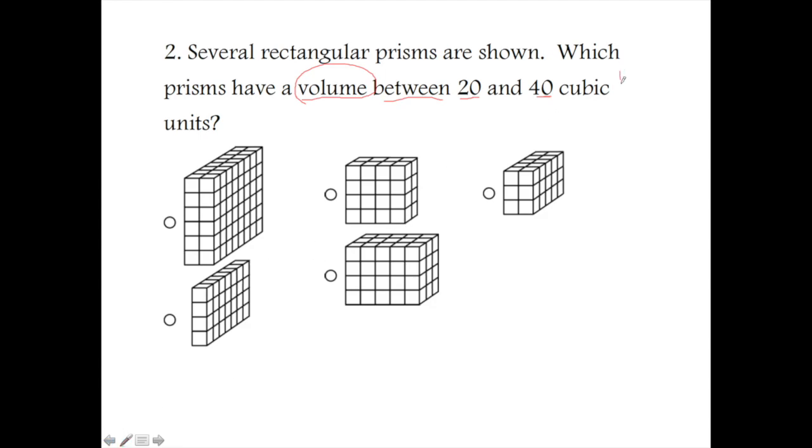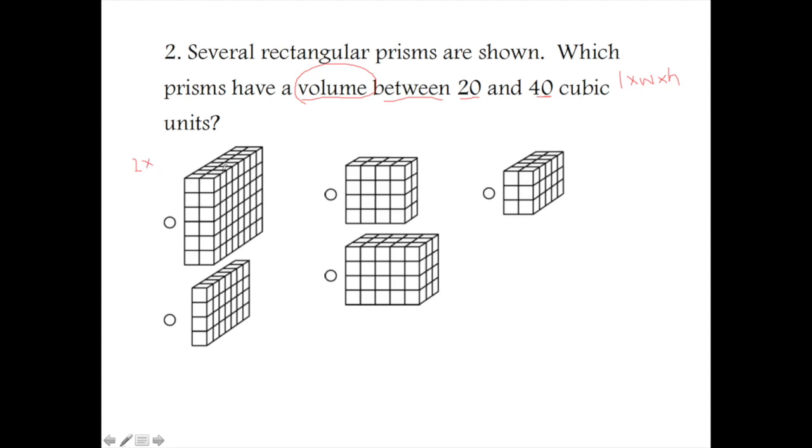So I'm going to find the length, width, and height of each of these and multiply them. Sure, you can try and count all the cubes, but there's a greater chance that you'll get it wrong this way. So I highly suggest when it comes to these types of problems where you see the cubes, just figure out the length, width, and height and multiply them.